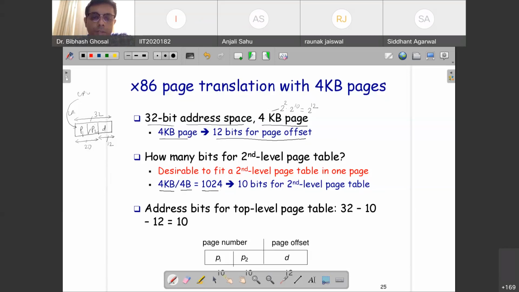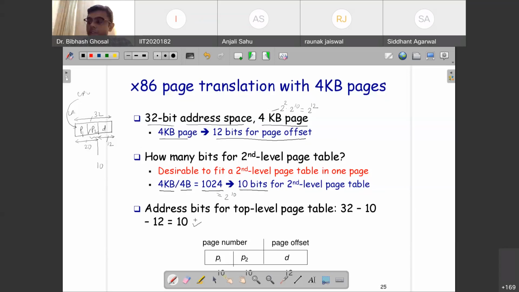If I divide that, I have 1024 entries in my page table. 1024 entries means 10 bits to encode any one of those entries. 1024 means 2 to the power 10, so log of 2 to the power 10 is 10 bits for the second level page table. So P2 is 10 bits. Now P1 is obviously 20 minus 10, which is 10 bits.